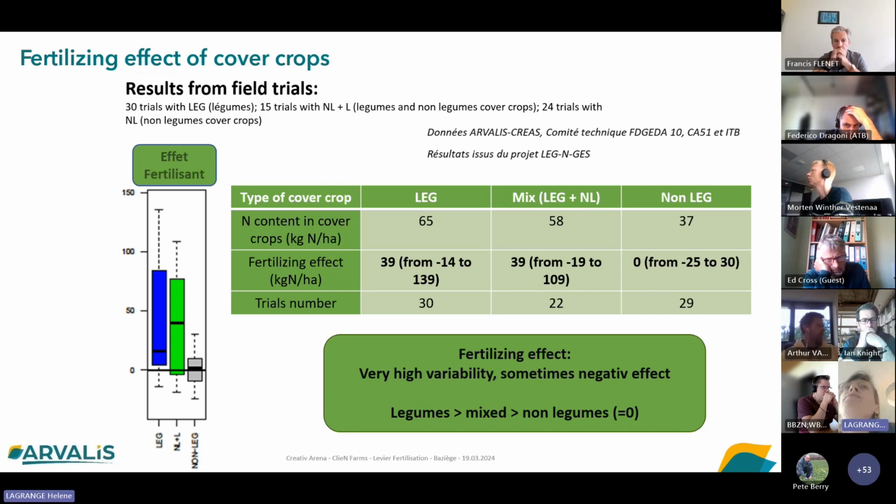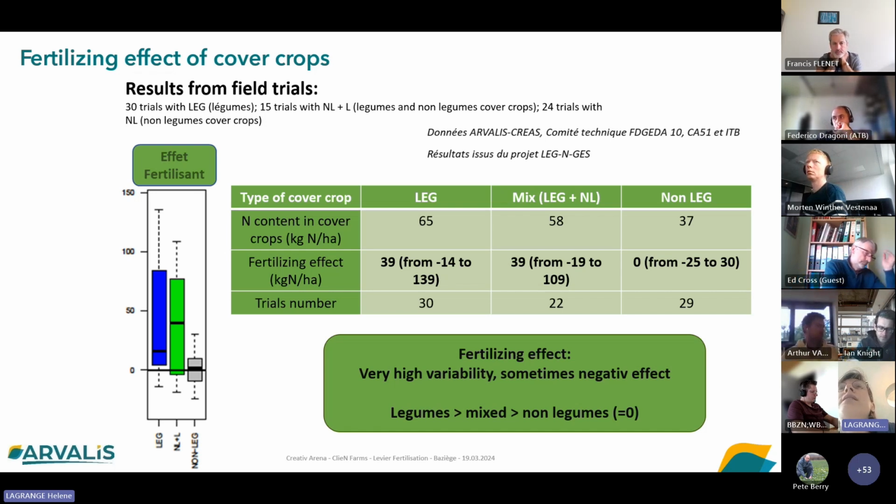So the main results here are that, as you can see on the graph, you have a very high variability between the trials, and sometimes you have negative effects. But you can also see that when you have legumes and mixed cover crops, you often have a nitrogen fertilizing effect for the next crops.